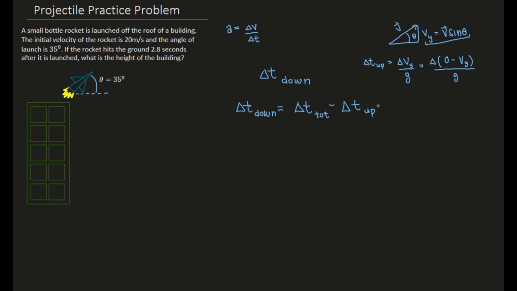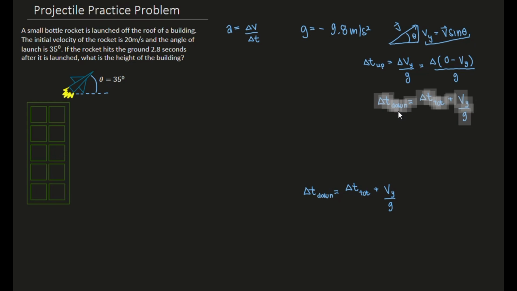So we can rewrite that as the change in time total minus this negative Vy over G, which in that case we can just add. So it equals total time plus Vy over G. As long as you make sure that gravity is negative 9.8 meters per second squared, if we are accounting for all our directions, then we're fine.